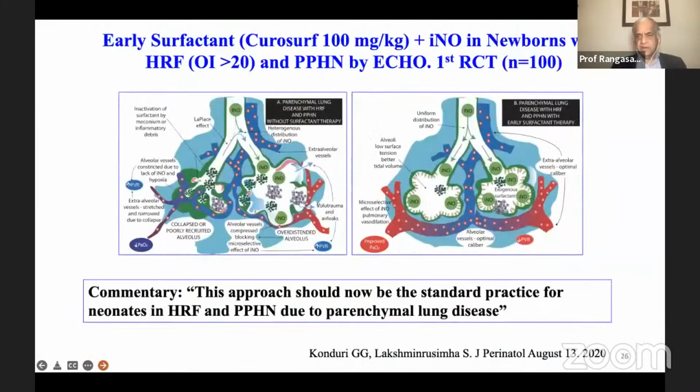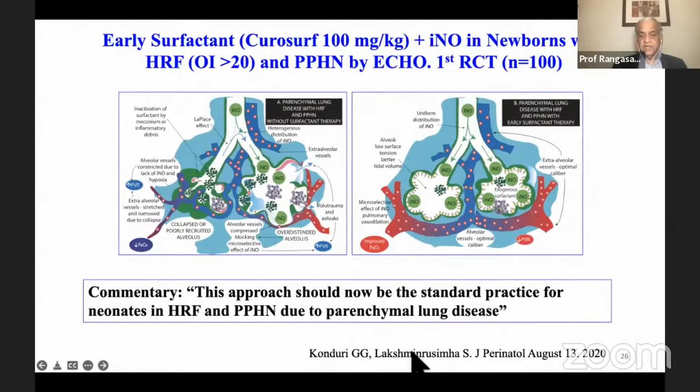What about surfactant? In a baby with meconium aspiration syndrome, if you give nitric oxide with alveolar atelectasis, you're not going to deliver the nitric oxide to collapsed alveoli. If you want to optimize ventilation perfusion mismatch, you need to recruit the alveoli by giving surfactant. This is the first randomized control trial, from Chile, published in the Journal of Perinatology.